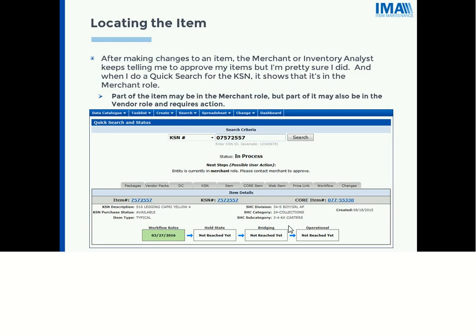But those pieces of your item can actually get separated into different roles. Ideally, when we're setting up the item, it's best to try to keep the pieces together as much as possible. But sometimes if they get returned, they will get separated, and that's when the quick search screen doesn't exactly give you enough information. And that's when you can click the Changes tab.